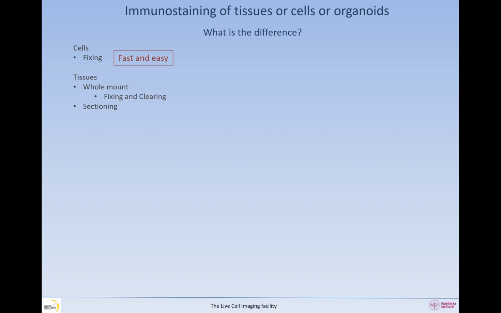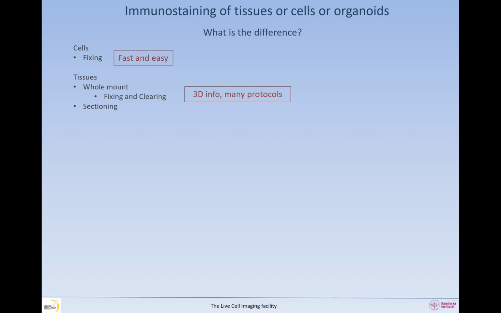So this is our recommendation: go out in the literature and find something that was already proven to work for your type of tissue. And then you image the whole mount. The advantage that you get is an excellent 3D knowledge of your tissue.